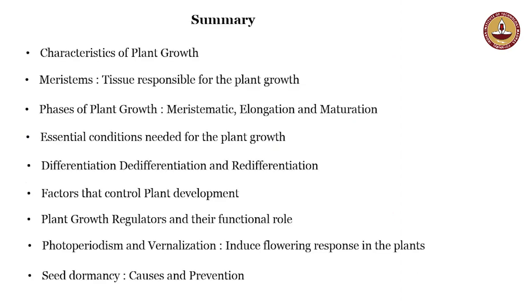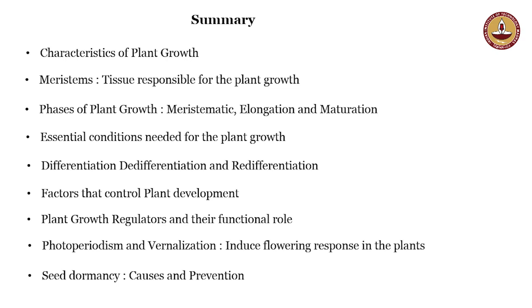What we studied in plant growth and development included the characteristics of plant growth, and meristems, the tissues responsible for plant growth. We also discussed the phases of plant growth, which included meristematic cells, elongation and maturation of the cells.